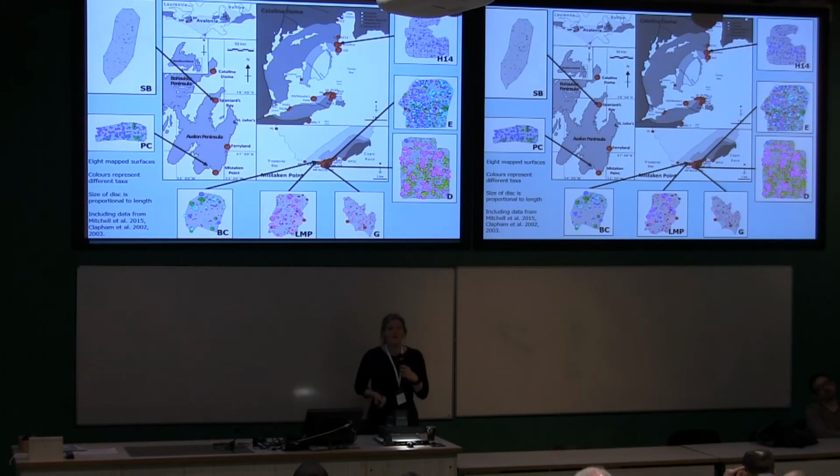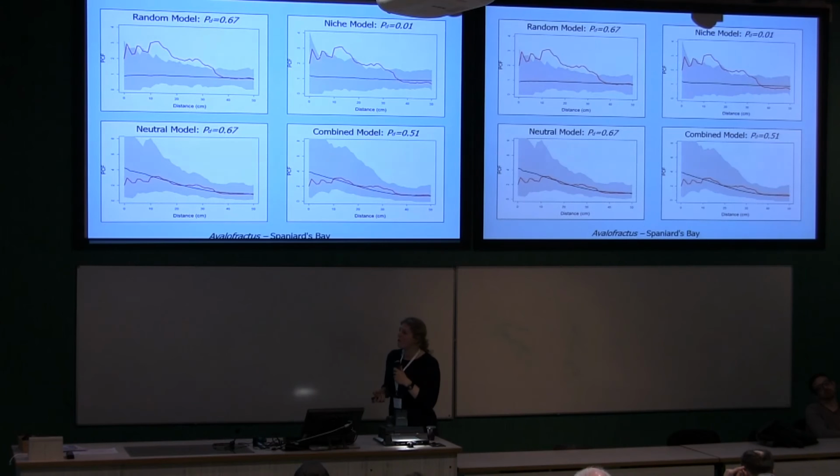And this is the data we have so far. It's a combination of our scan data and some historical data. For these surfaces, we apply pair correlation functions to find out what's going on. So for example, Avalon fractures from Spaniards Bay, oh sorry, these have got a bit mixed up. We've got our random model, which is a really quite poor fit.